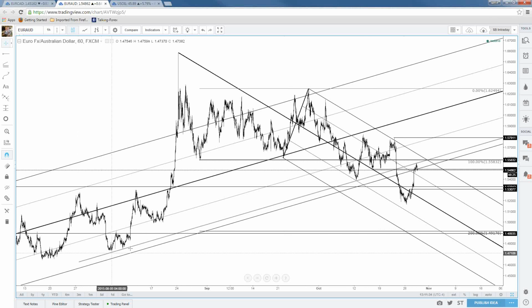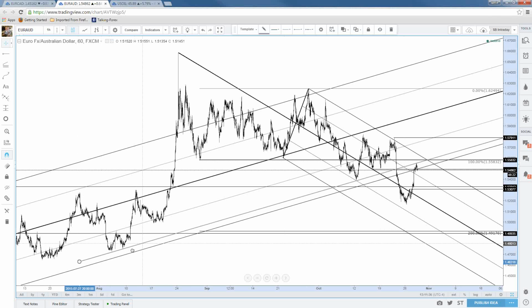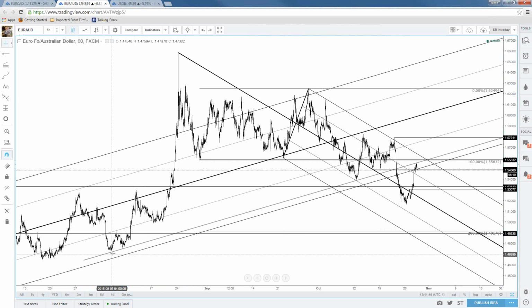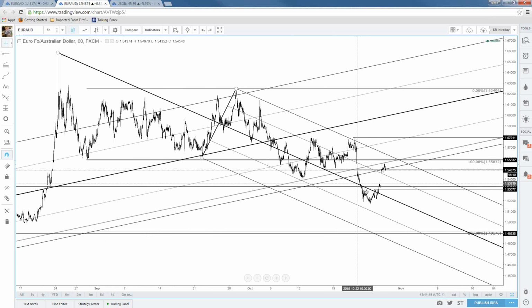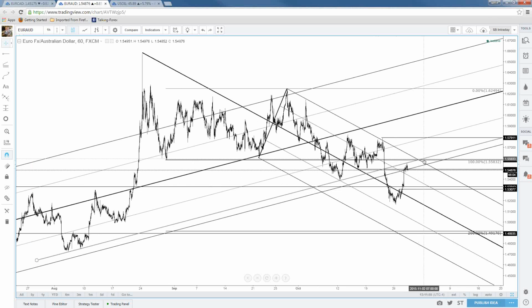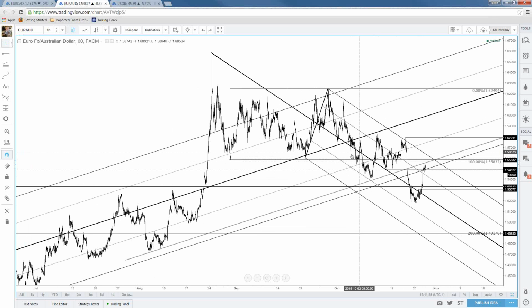Okay, so support, we had support from the sliding parallel, which was really precise back on August the 5th and August the 7th, and then of course on the 12th of October. And we've come back into that level now and have responded to it as resistance. So we're in the right spot for a turn lower in Euro Aussie as well.